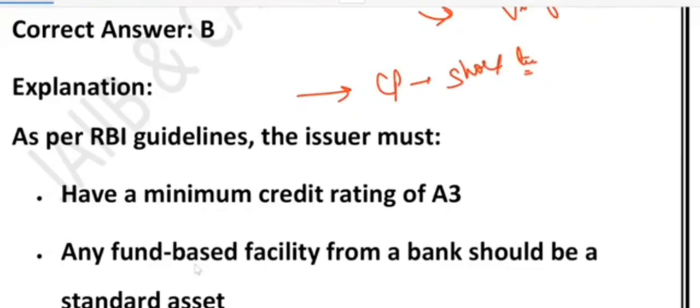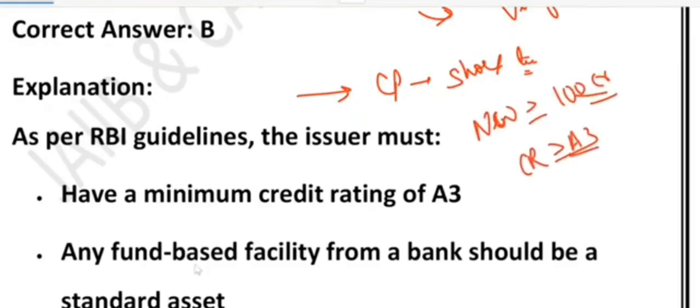The eligibility rules: net worth must be greater than or equal to 100 crore, credit rating must be A3 or better, and it should have a standard bank fund-based facility. Remember, if a company wants to issue CP, it must be financially strong, not just big.